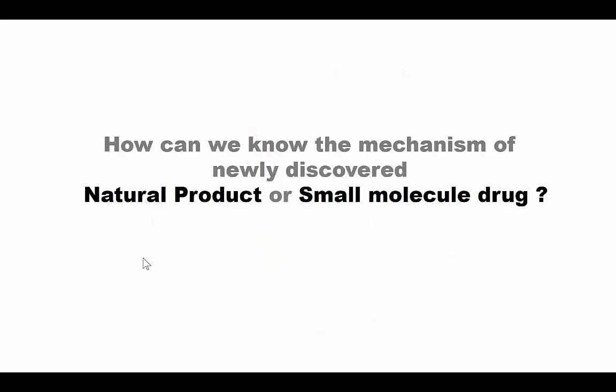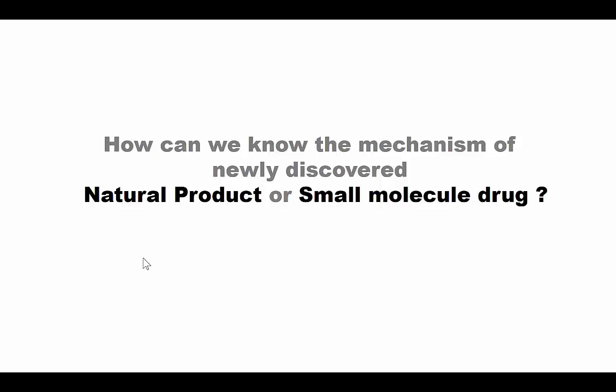Okay? In your study, if you knew your target enzyme, then maybe the mechanism is straightforward. In that case, maybe the more practical problem is whether your compound or your natural product attacks only one enzyme or other enzymes too as a side effect, which is the more major concern you need to figure out.